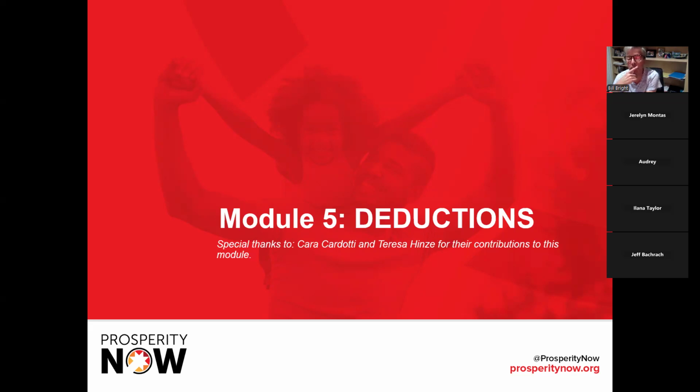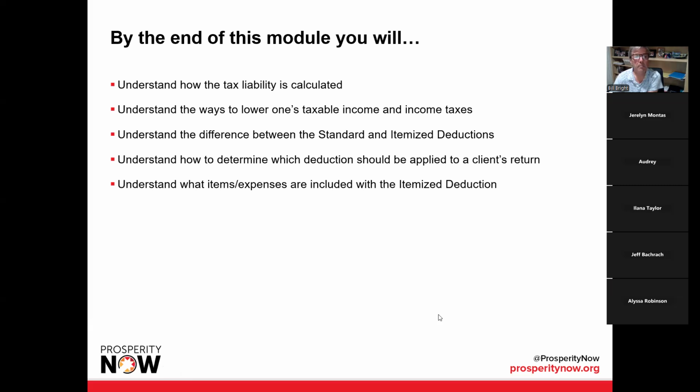So now, presuming we're at a point where, if you're doing the return, all the income sources have been input, all the adjustments have been made, and now we're ready to get down to what else we can do with the return. In this one, we're going to be talking about how the final tax liability is calculated.